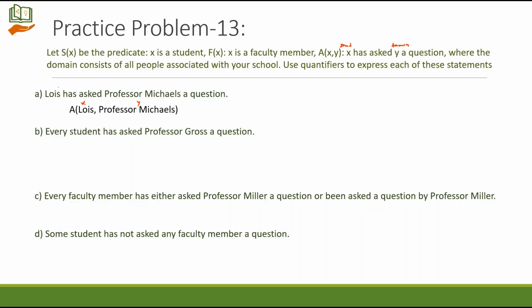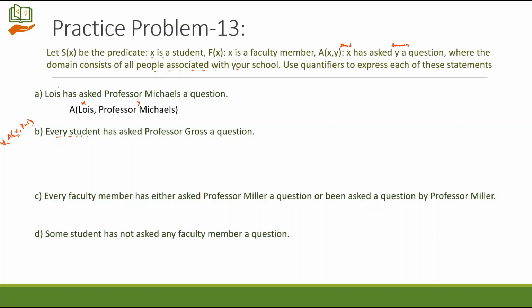Every student has asked Professor Gross a question. So we can take it in this way. A of x, Professor Gross, and we know this particular x is going to be a universal quantifier because we are taking every student. So this can be for all x. If x is going to be a student, we can easily say this is the expression. But here they have given the domain to be all people associated with your school.